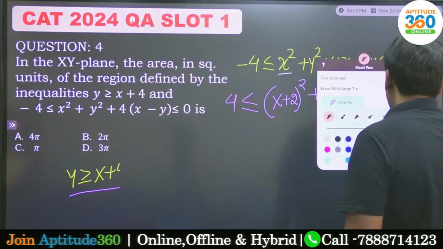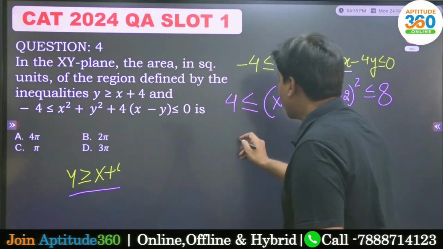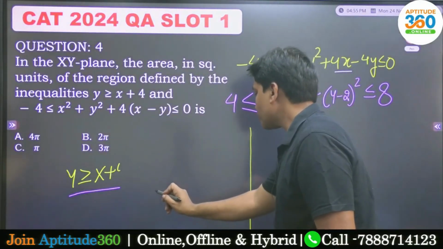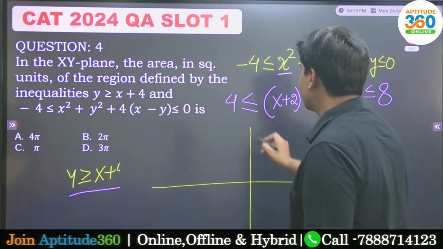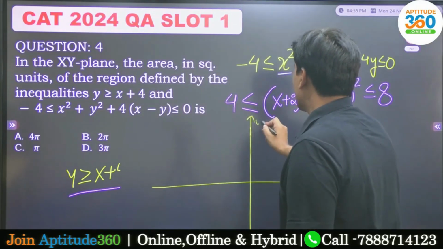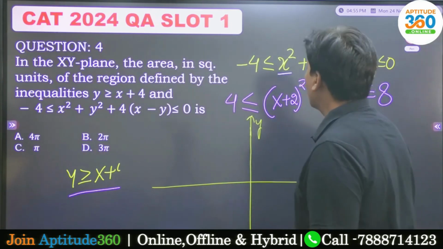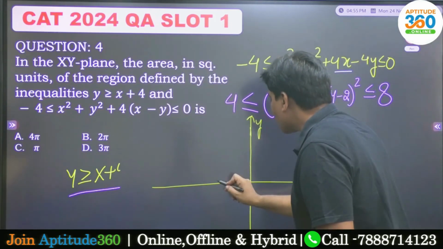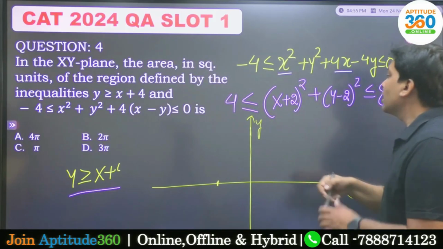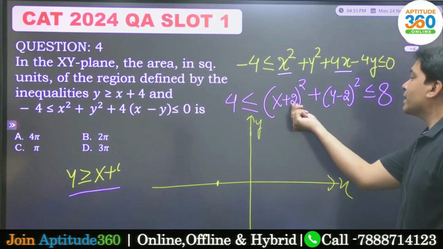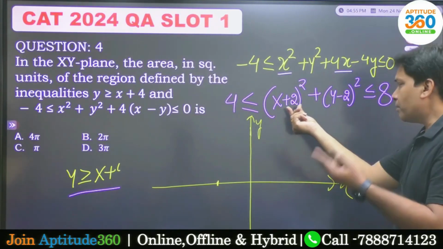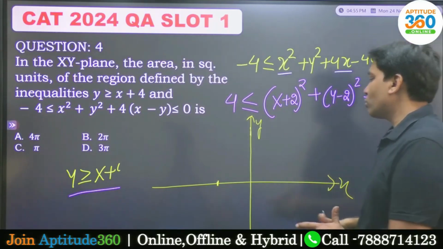I should be able to draw it like this. Say I am making the xy plane. This is the xy plane, this is y, this is x. I made my first circle out here. For both of the circles, the center is x equal to negative 2, y equal to 2.